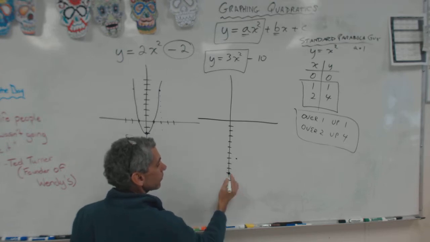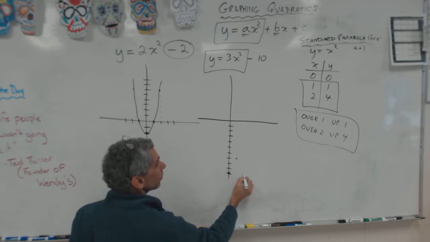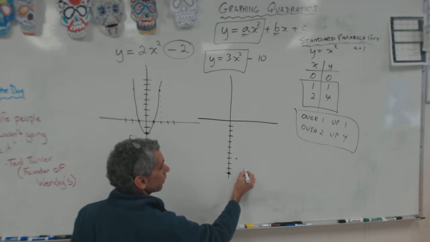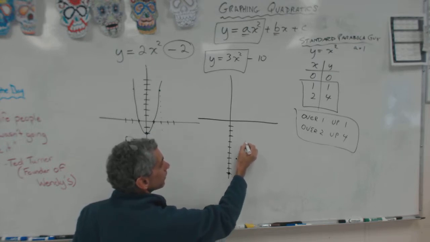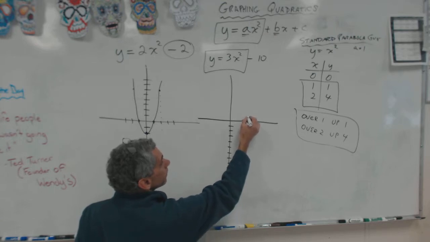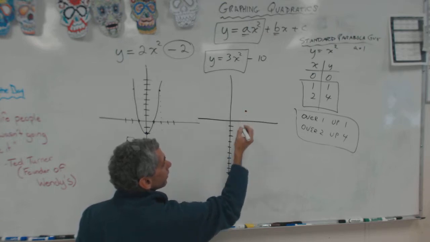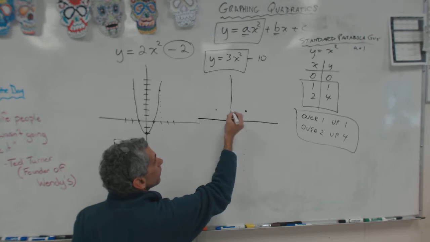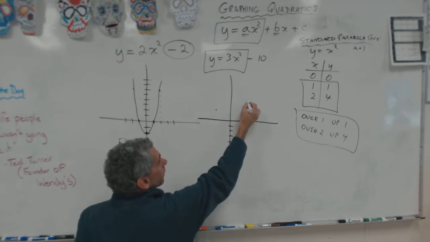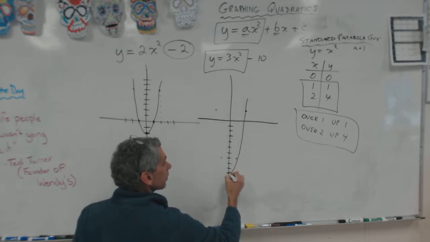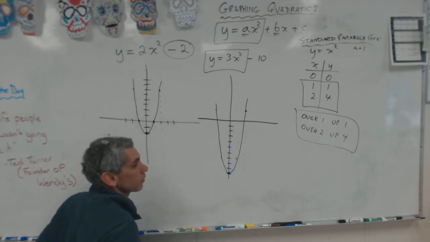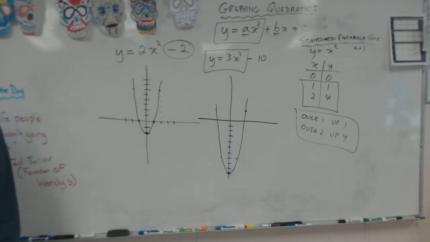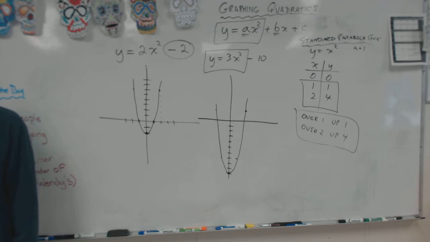Over 2, up 4 times 3, which is 12. So 1, 2, 3, 4, 5, 6, 7, 8, 9, 10, 11, 12. There's my dot. And then I know this is over here, and I know this is over here, and now I just draw my parabola. Very, very quick, very, very easy, right?